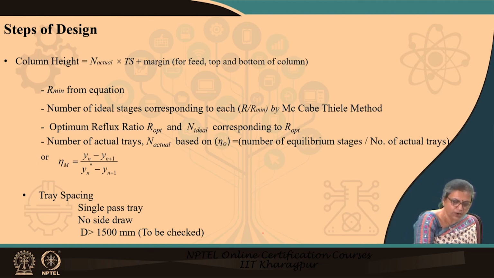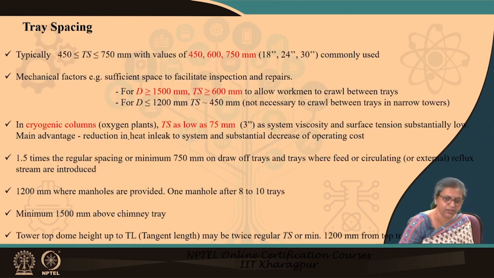The assumptions were: we had taken a single pass tray, and we did not assume any side draw. For finding out the tray spacing, to start with we assume that the diameter of the column is greater than 1500 millimeters. To find out the column height, we know the number of actual stages.